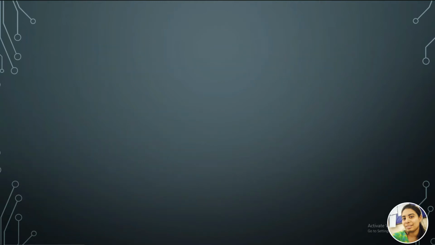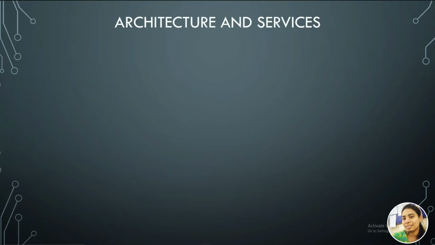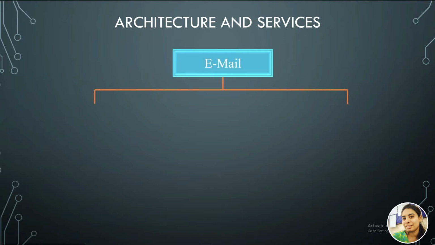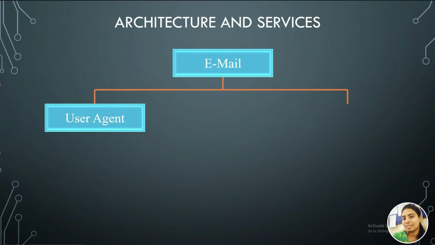So let's understand the architecture and the services provided by the basic email architecture. Basically, email architecture is made up of two parts, that is the user agent and the message transfer agent.